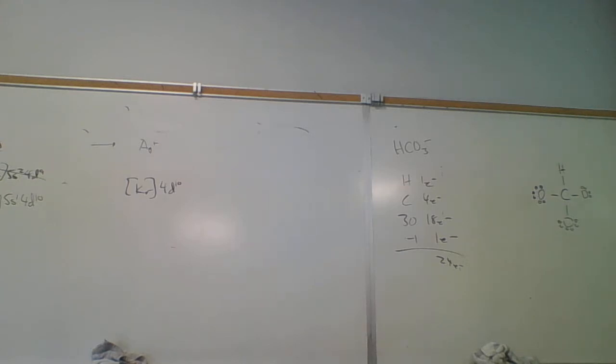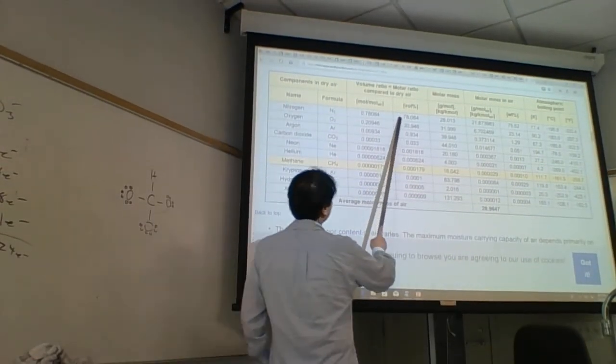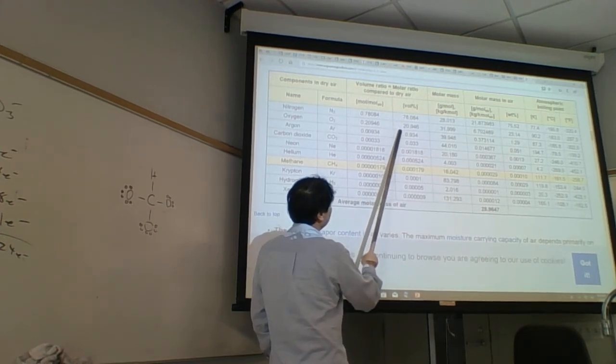I have it up here in one of these tabs. Composition of air by mass. So the composition of air by mole or volume is about 80-20.